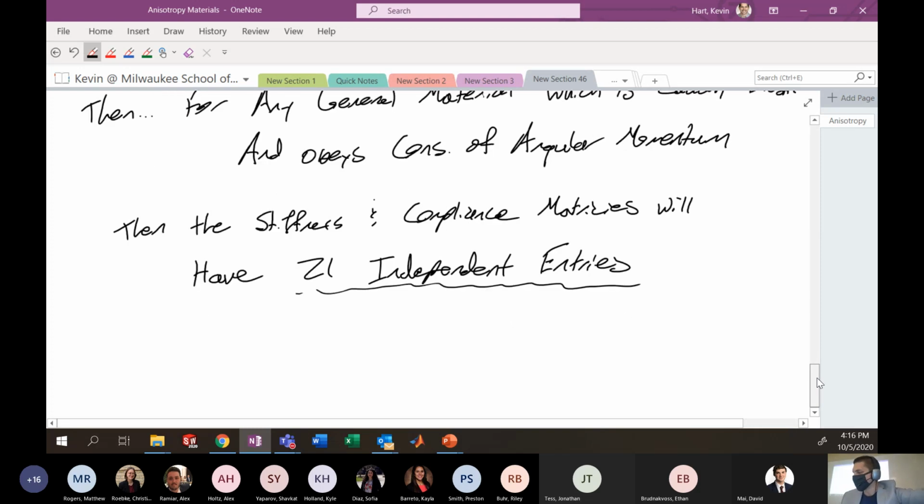So if you have any general anisotropic material that is Cauchy elastic and obeys conservation of angular momentum, you need 21 material constants to fully define that piece.